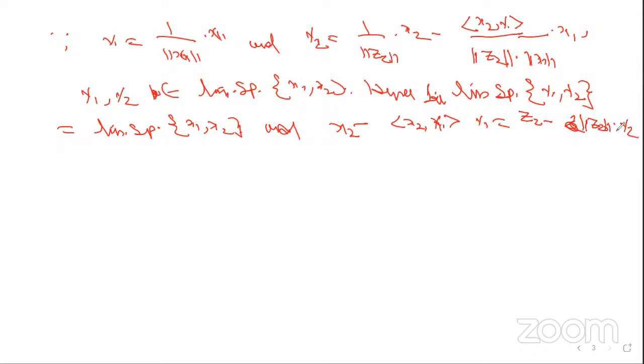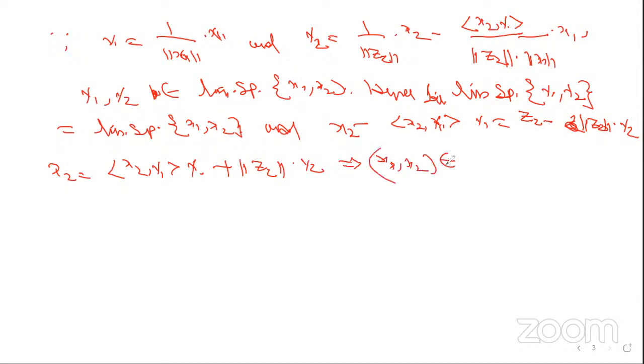So that means x2 equals inner product of x2 comma y1 into y1 plus norm z2 into y2. Hence both x1 comma x2 belong to the linear span of y1, y2.